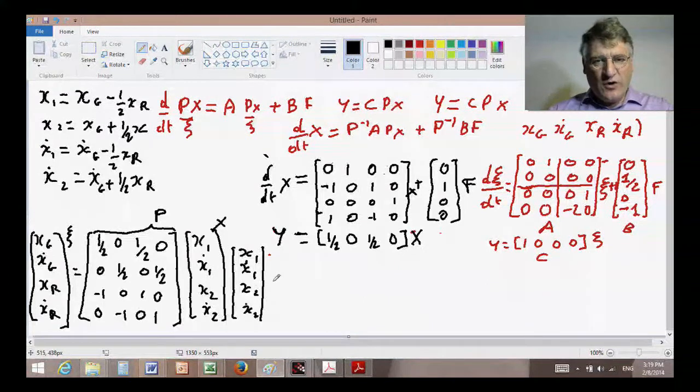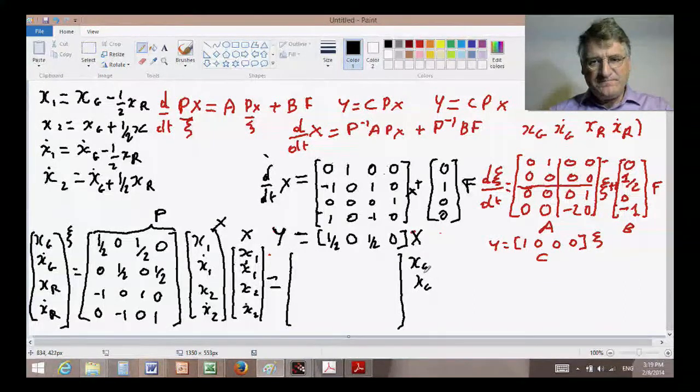This vector, which is also x, must be equal through this relation to a certain matrix times xg dot, xr dot.